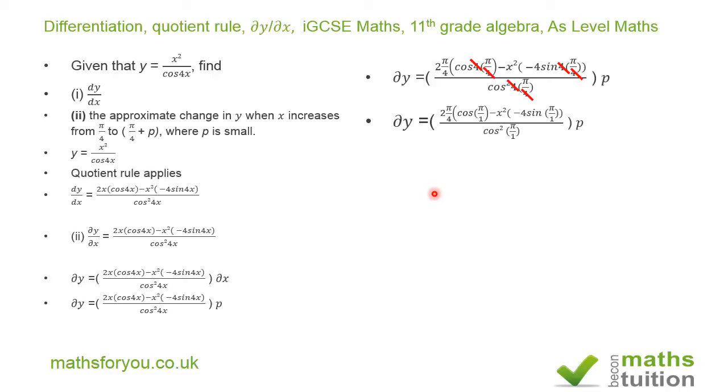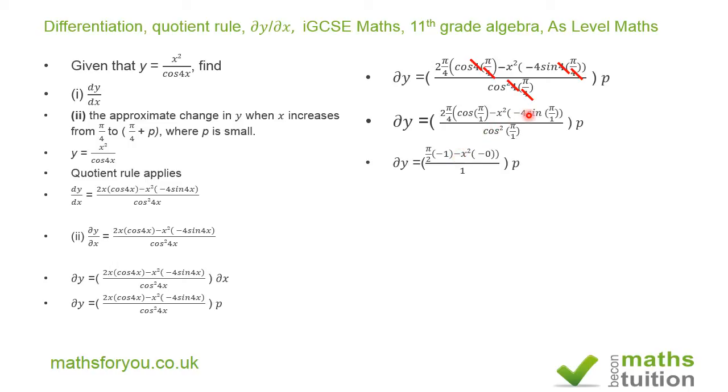So delta y then becomes 2 pi over 4 times cos pi, minus x squared times minus 4 sine pi, divided by cos squared pi. If we divide 2 pi by 4, we get pi over 2 there. Cos pi is the same as minus 1.